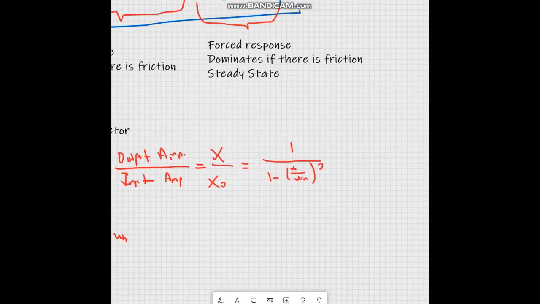Okay, we have here, as we said, this is the initial frequency. Let me write it bigger and divide it by omega n. All right.